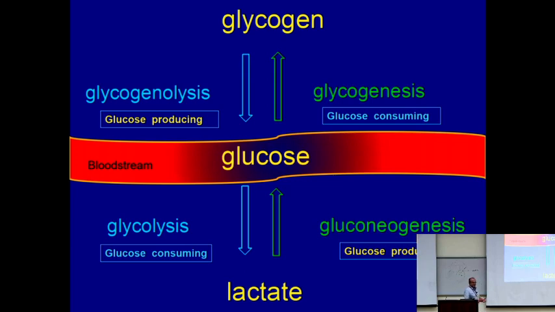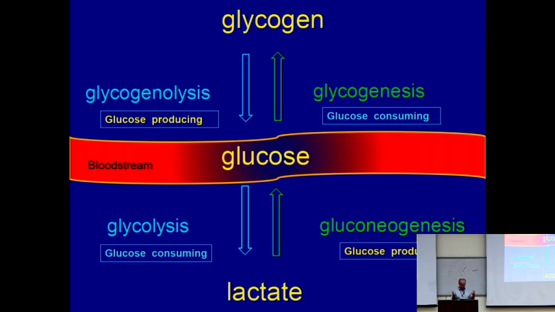In a way, it should be kind of intuitive to say, okay, when do you think the body will consume glucose? Usually when you have plenty of glucose in the bloodstream, right? So when does that happen? That happens typically after a meal, within 4 hours after a meal.